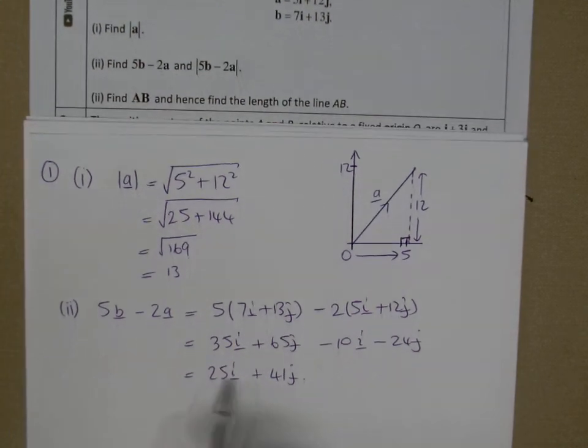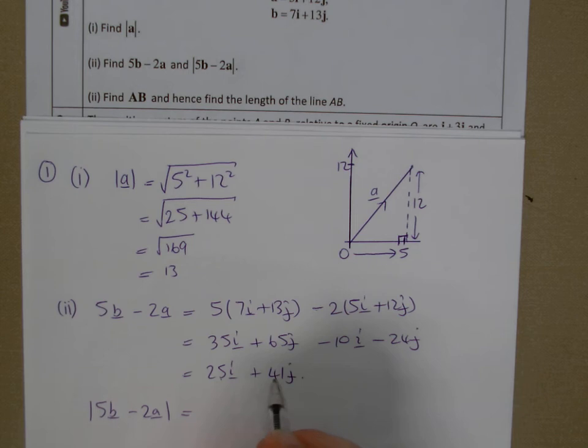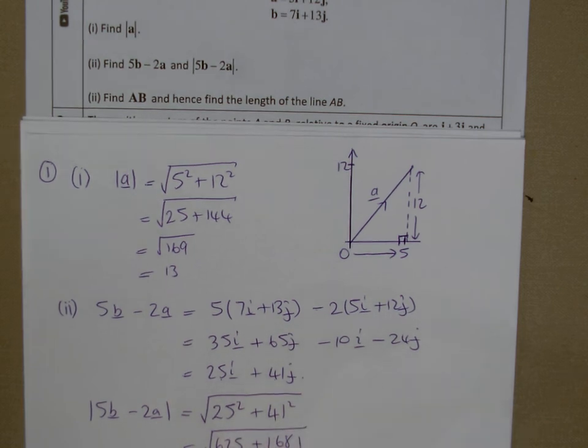So for this sort of vector, again, you'd use Pythagoras. All I've got to do is square this, add them, and square root the result. So if I do that, I get 625 here, 1,681 there.